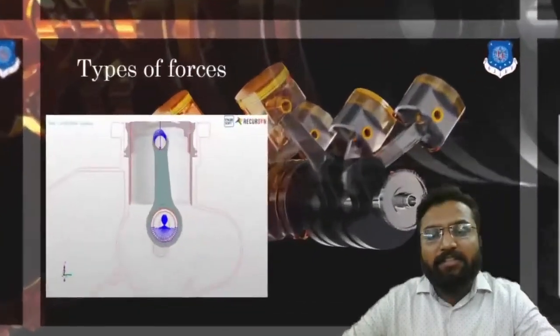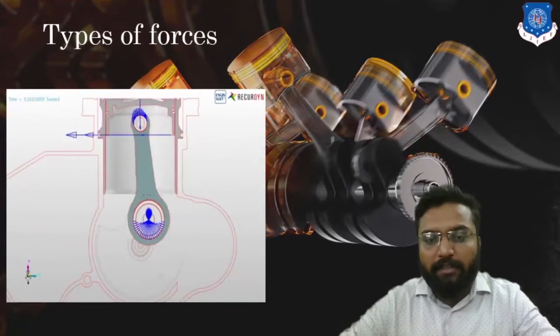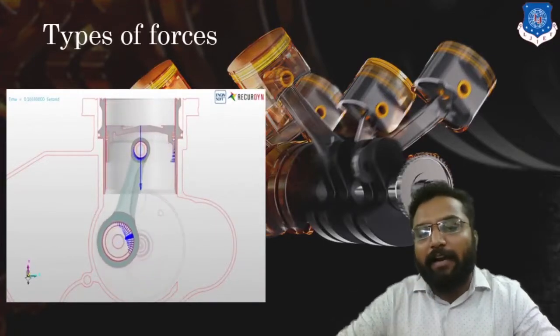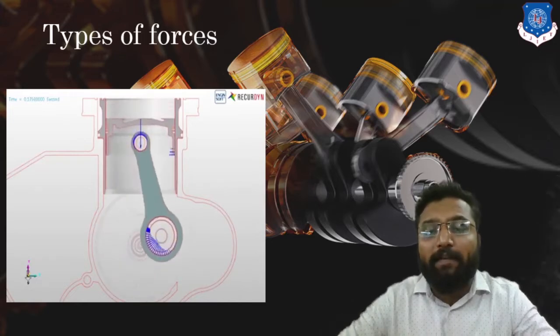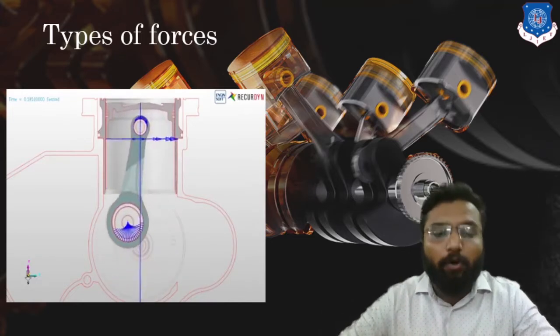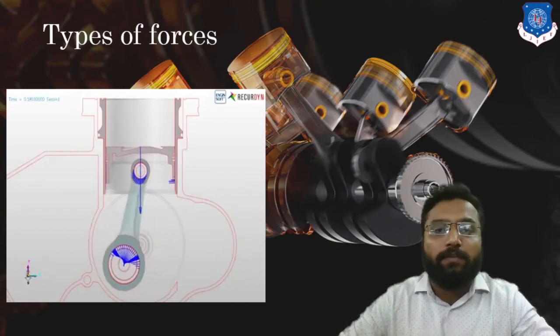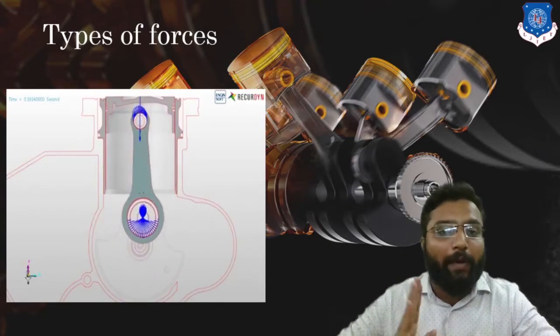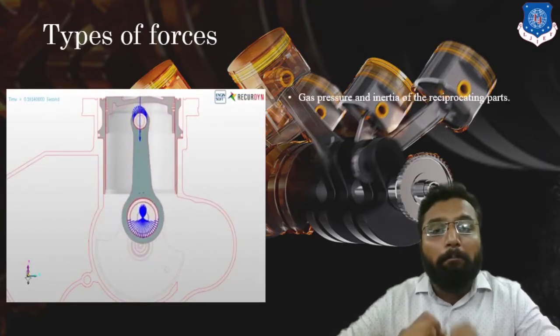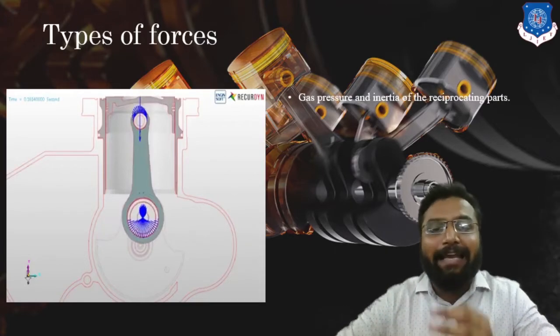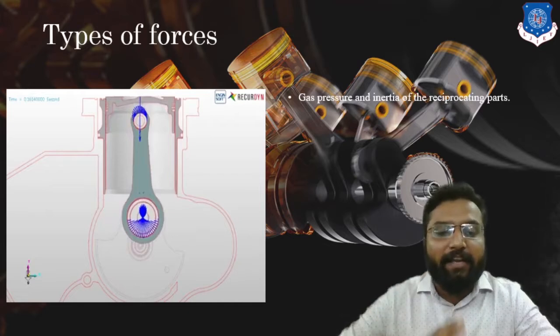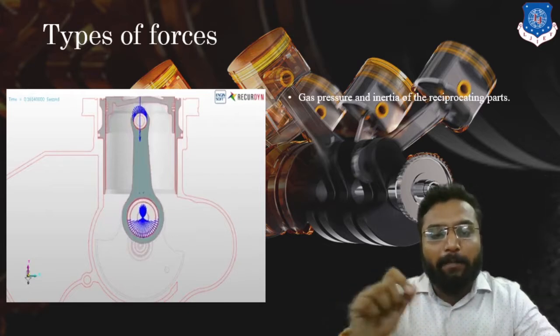After that, let's discuss the different types of forces acting on this. Here you can see the motion of our connecting rod. This motion is mainly reciprocating, or sweeping motion, in the case of a connecting rod. So there are different types of stress forces which act upon our connecting rod. The main source of force is gas pressure, which is generated in our cylinder piston cavity.